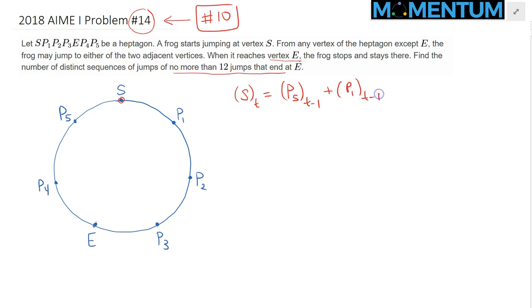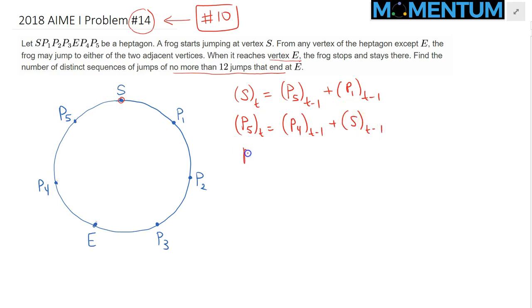These are the two neighboring vertices to S. So at time t you can end up in S only if at time t minus 1 you were in P5 or P1, and so on. Therefore I can easily write each of these vertices. You can end up in P5 at time t if in the previous step you were in P4, because P4 is a neighbor to P5, or if you were in vertex S.